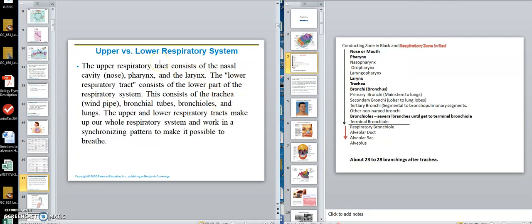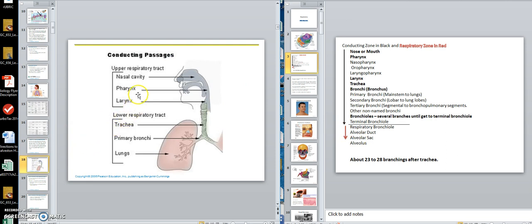Upper respiratory: nose and mouth all the way down to the end of the larynx. We're okay there. So here's a little picture to show you: upper respiratory, lower respiratory. All right, let's go further.